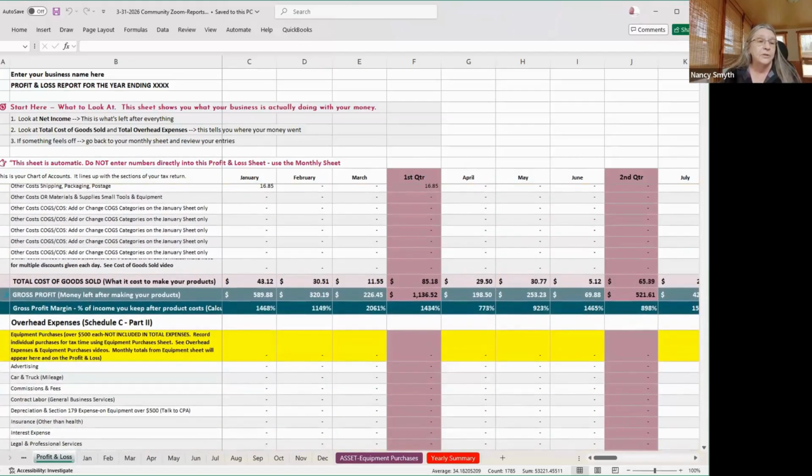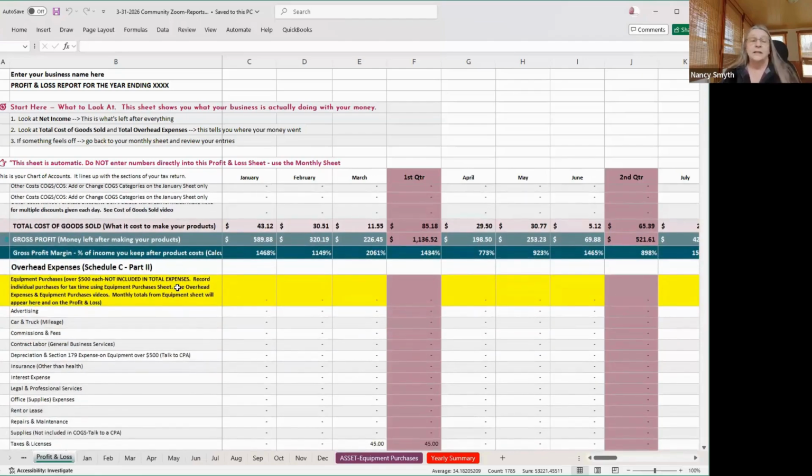In addition to the inventory, I did put in a couple of new things, I also put in a gross profit margin, okay, which is simply the percentage of income that you keep after product costs, okay? And it calculates out that percentage each and every month, but only on the P&L. It doesn't do it on the individual months.